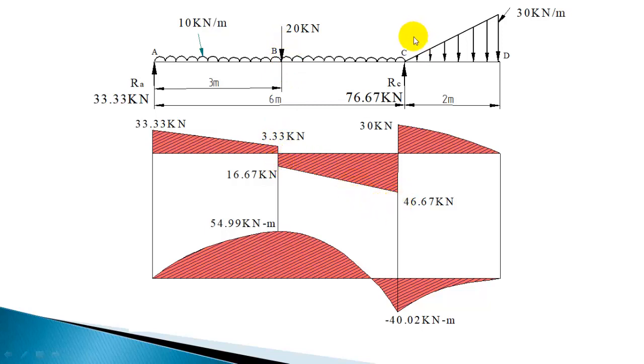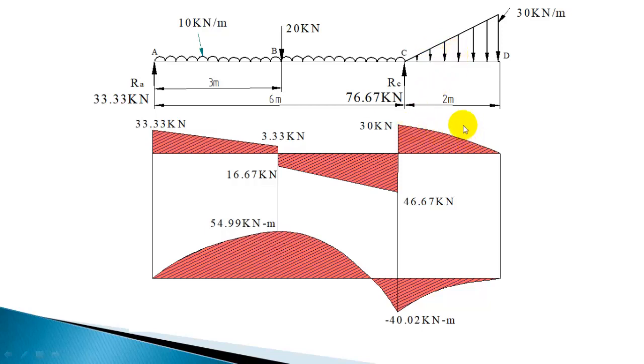Now again right of C we know 30 kilonewton, and left of D you know 0. So 30 to 0, and under UVL the shear force variation will be parabolic. It's not a straight line. UDL will make a linear variation, whereas due to UVL the shear force variation is parabolic.